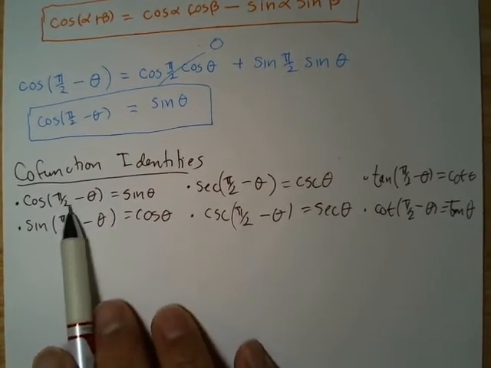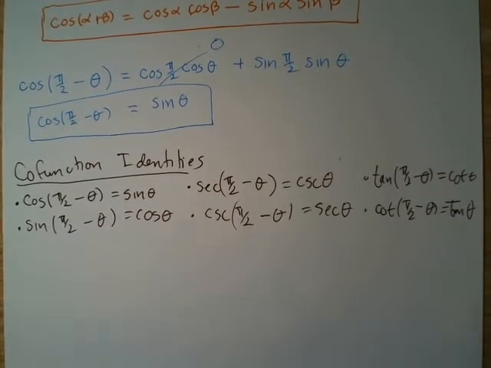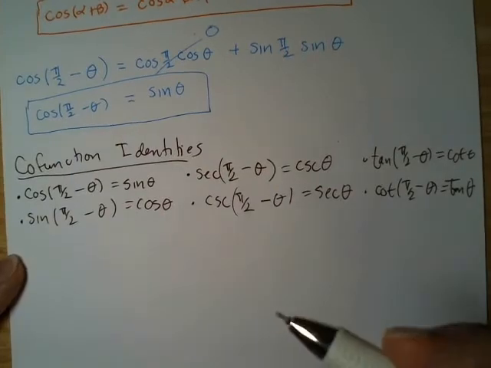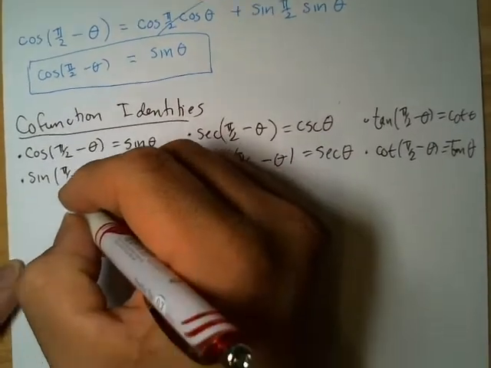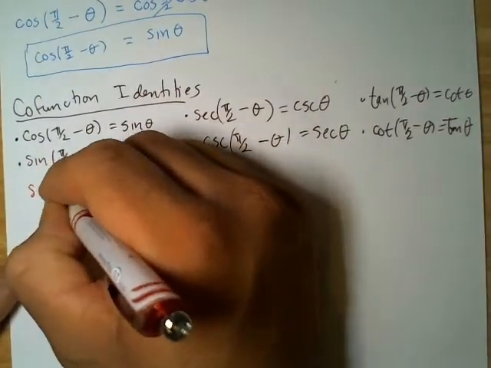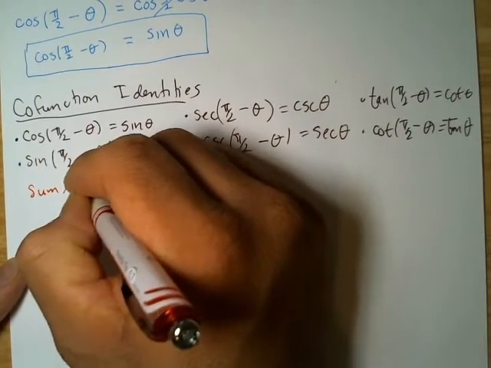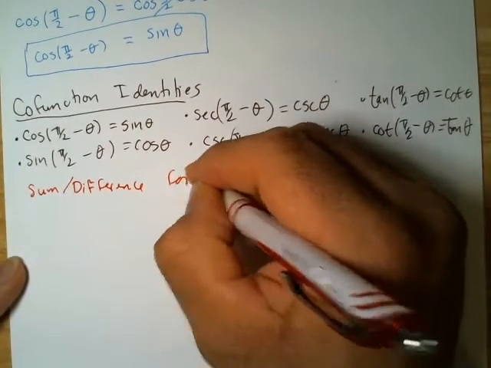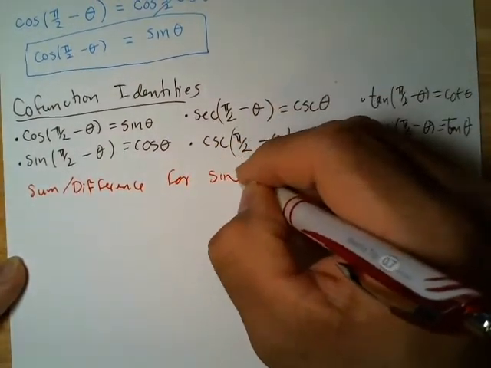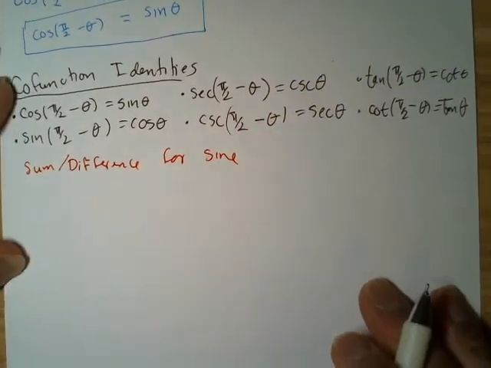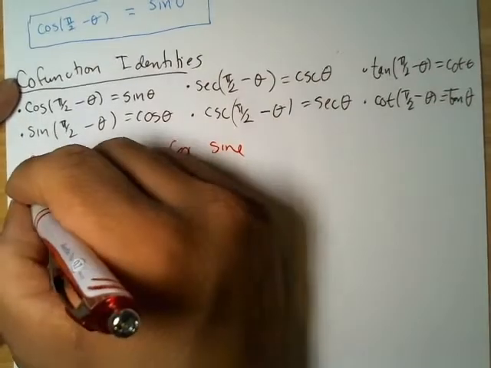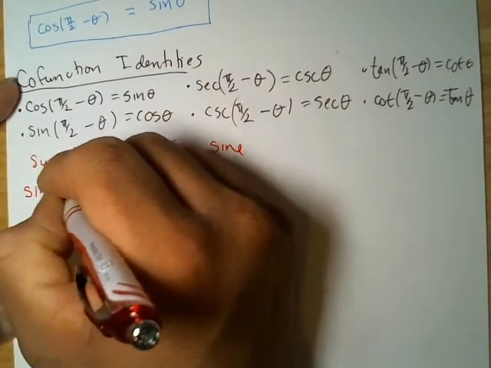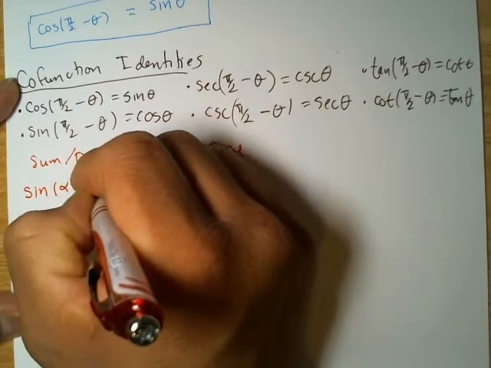But I just need this one. I proved that already, and with that, I'm going to figure out the sum and difference for sine. All right, so sine of alpha minus beta.